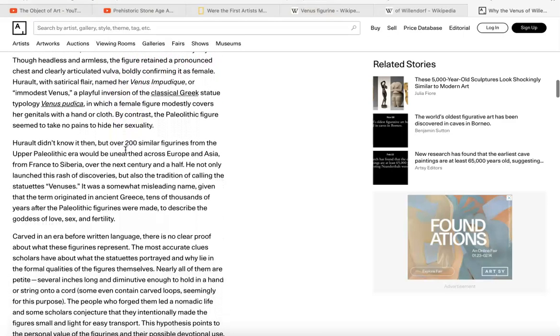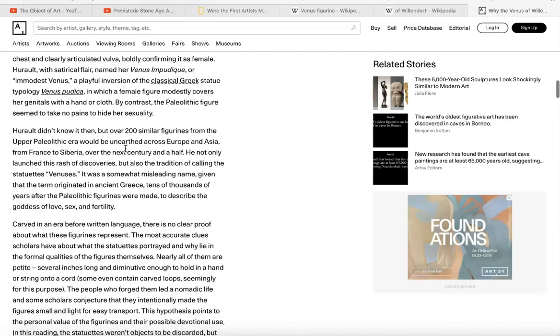Though headless and armless, the figure retained a pronounced chest and clearly articulated vulva, boldly confirming it as a female. Urot, with satirical flair, named her Venus impudique, or immodest Venus, a playful inversion of the classical Greek statue typology Venus pudica, in which a female figure modestly covers her genitals with a hand or cloth. By contrast, the Paleolithic figure seemed to take no pains to hide her sexuality.